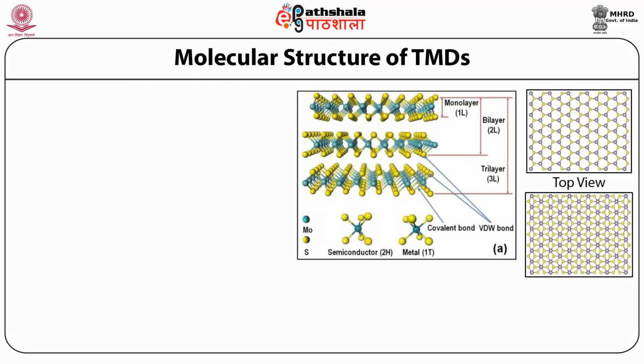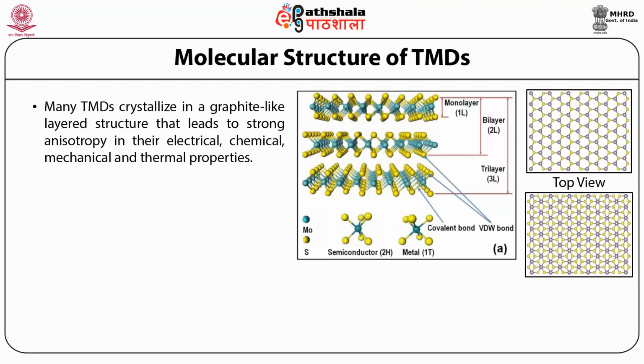I want to discuss the molecular structure of transition metal dichalcogenides, known as TMDs. Many TMDs crystallize in a graphitic-like layered structure that leads to strong anisotropy in their electrical, chemical, mechanical and thermal properties.